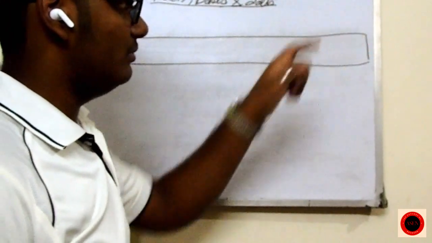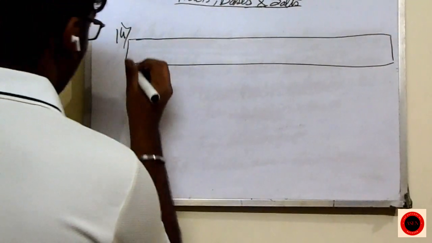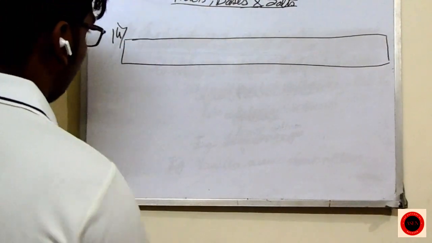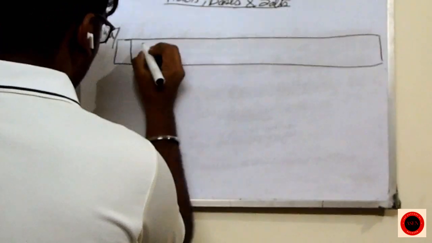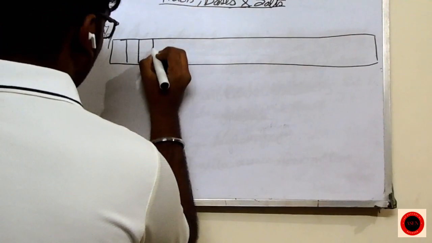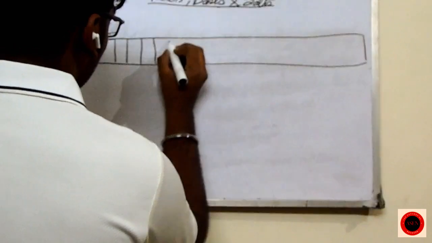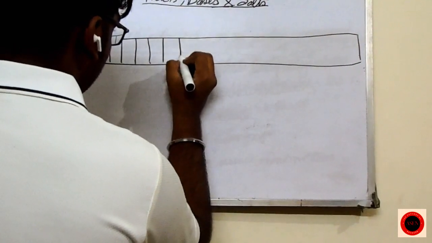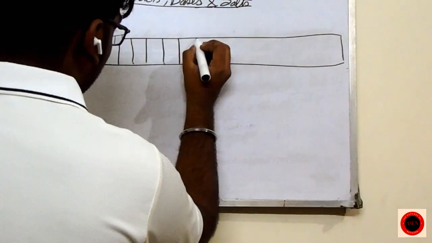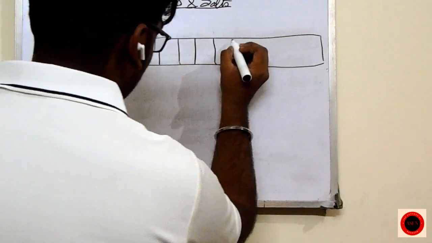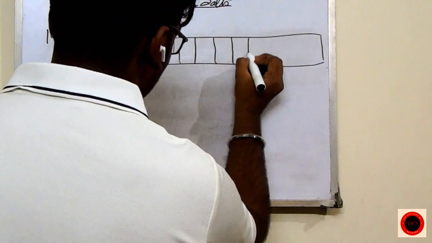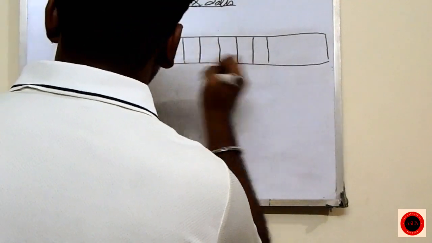Okay, from 0 to 14. There should be 14 gaps. 1, 2, 3, 4, 5, 6, 7, 8, 9, 10, 11, 12, 13.